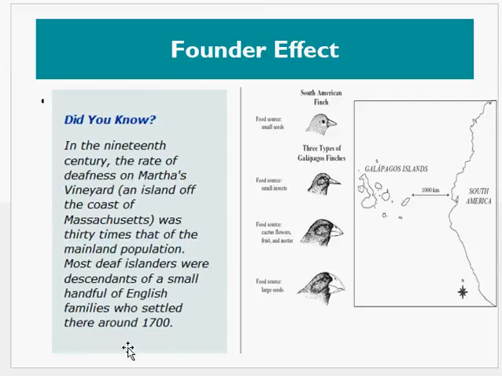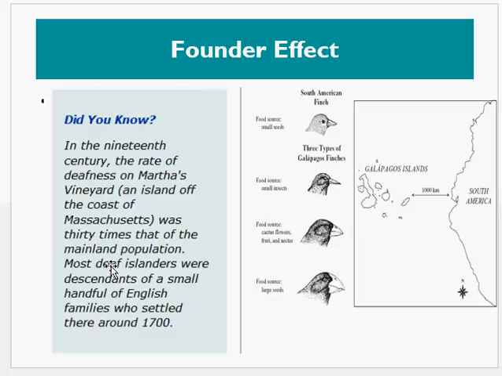the recessive deleterious alleles which control for deafness were overrepresented in that population, and they expressed, and it meant that the population had a rate of deafness of up to 30 times more than that of the mainland population in the United States.